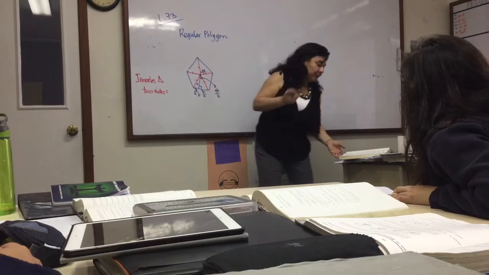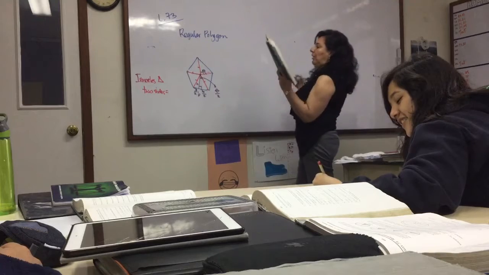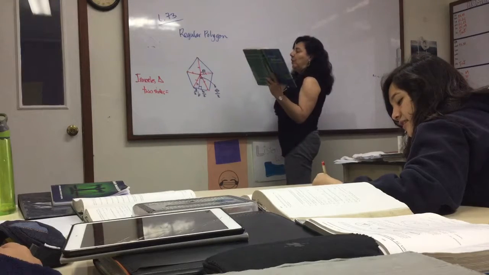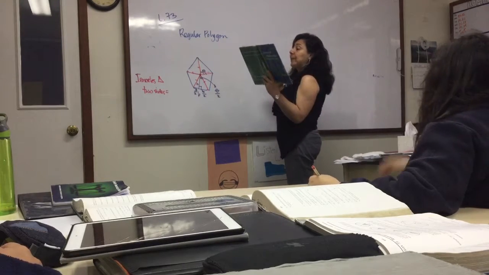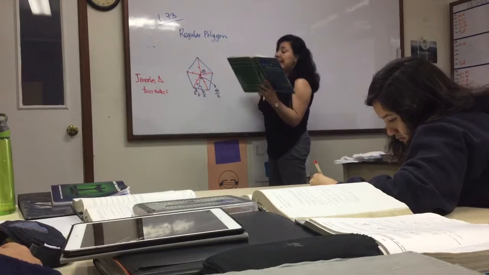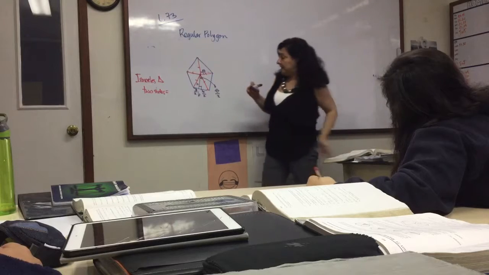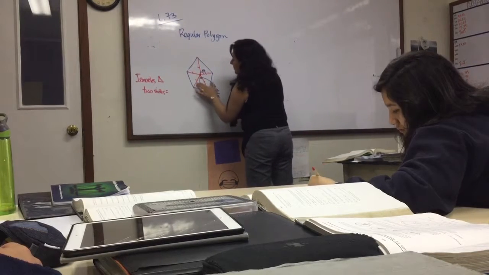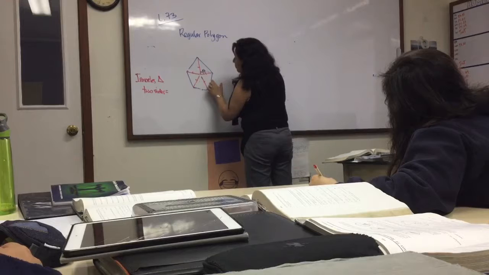So this one is a pentagon with 5 sides, so it's that one. Oh, how convenient. And then it says, inscribe in a circle whose radius is 6 units. So I'm going to erase all of this because I don't want to draw this again, because this is a really good pentagon.